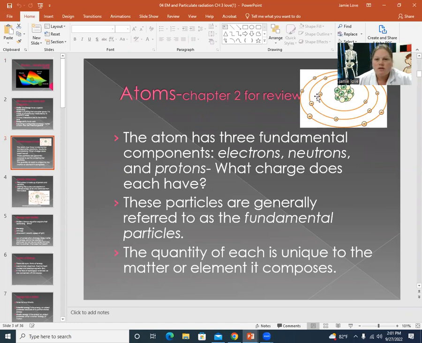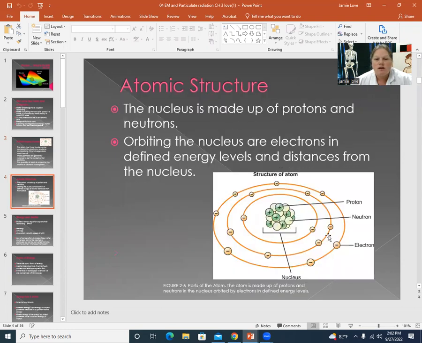Each one of those electrons is held in, rotating around, with binding energy, the strongest binding energy being close to the nucleus. As you get away, there's less strength to what's holding them in place, you could say, which is what that binding energy represents. We're going to talk a lot more about that in the upcoming chapters.